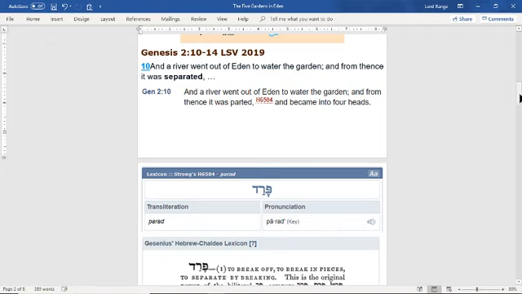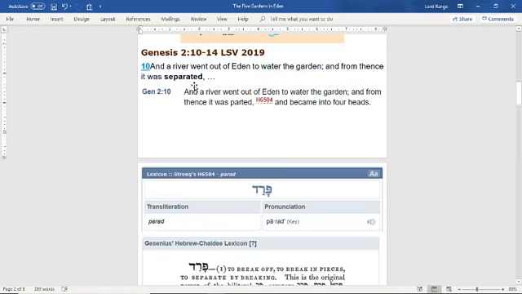So when they try to locate Eden, they look for four rivers that are connected by one river. But that word parted is really not a good word to use, because these waters were completely separated. They were divided.